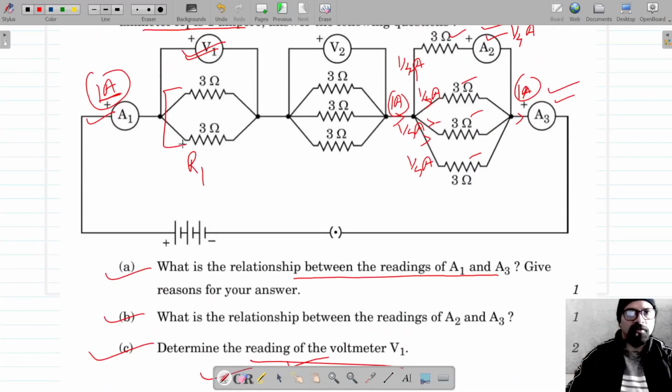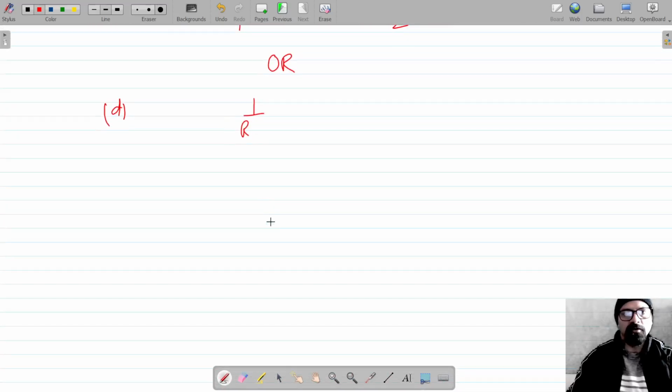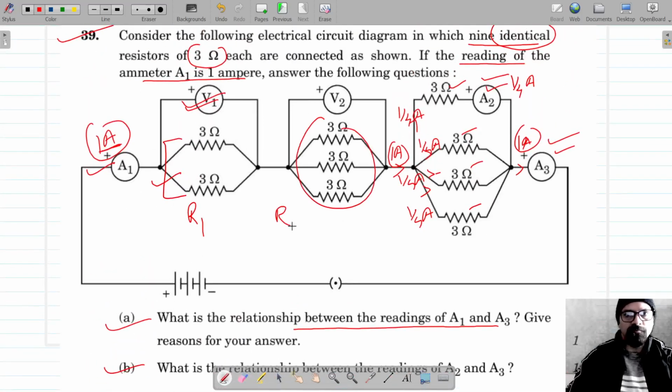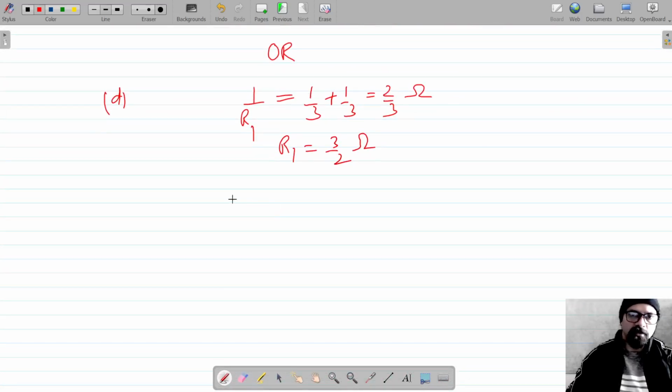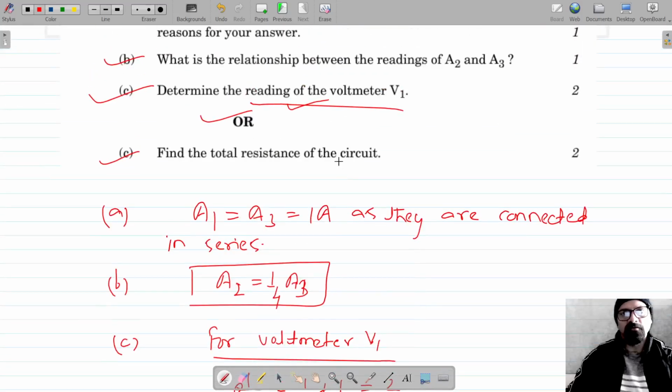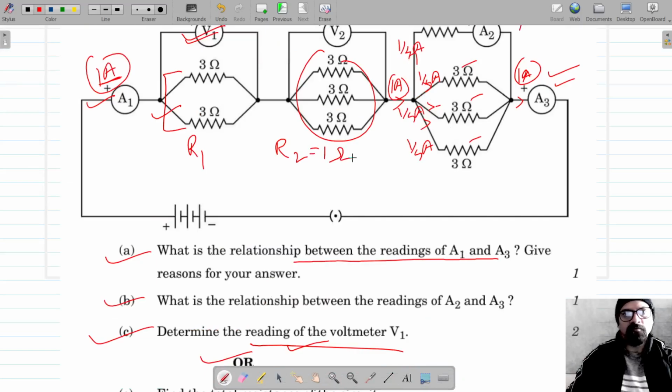So 1 upon R1 is equal to 1 upon 3 plus 1 upon 3, which is 2 by 3, and R1 is 3 by 2 ohm. Let's consider the resistance for this as R2, which are also connected in parallel. So 1 upon R2 is equal to 1 by 3 plus 1 by 3 plus 1 by 3, which is equal to 3 by 3, that is 1, so R2 is equal to 1 ohm. The net resistance of these three is 1 ohm.